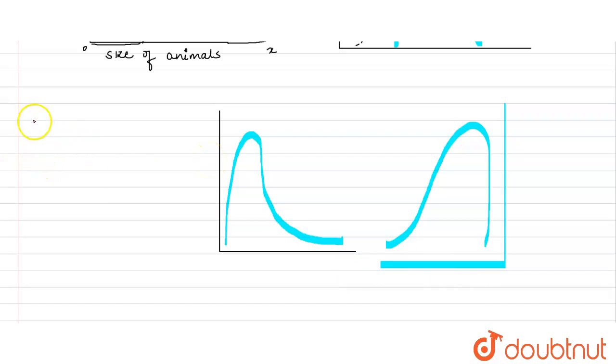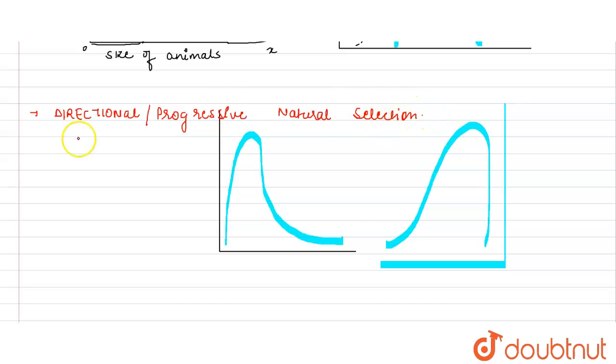So this is a kind of direction, they are occupying one particular direction, and hence this is called directional or progressive natural selection. It is also called the centripetal selection.